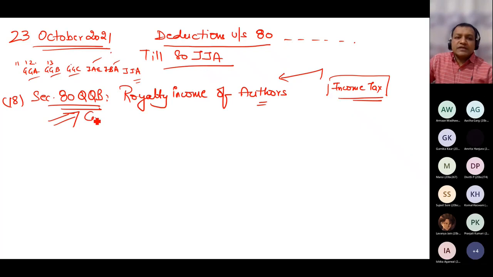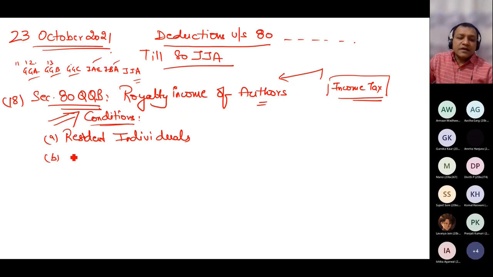The condition is you must be a resident individual. That means the basic purpose is to promote the people who are resident in India. Resident individuals who are earning royalty income.